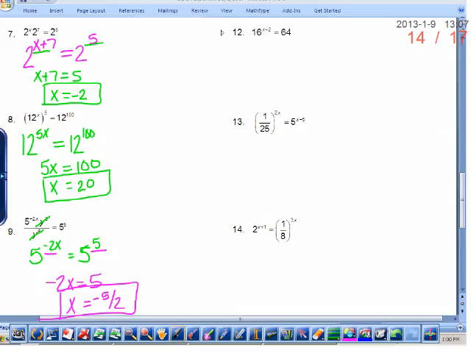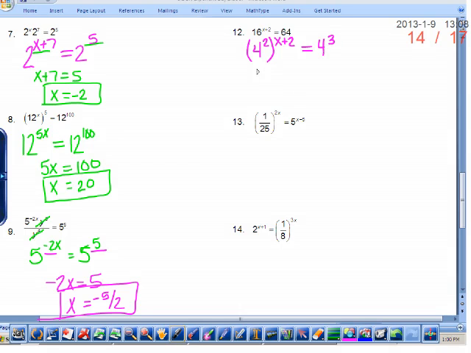Very good. So 16 rewritten with a base of 4 is 4 squared. And that whole thing is being raised to x plus 2. And that's equal to, how can I rewrite 64? 4 cubed. Questions on that step?